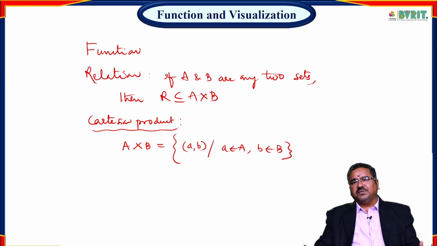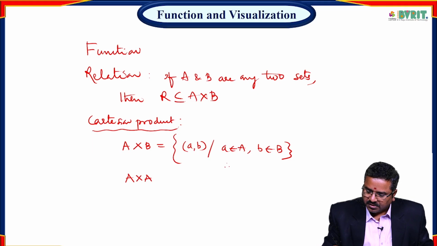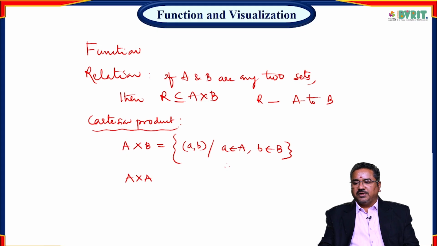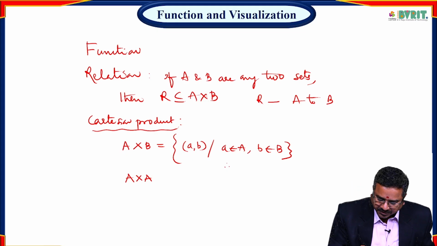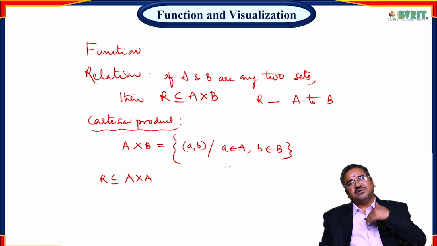We know subset. When we say that a set A is a subset of B, it means every element of A is an element of B. Suppose instead of B, we take A, for example, if I define A cross A. Here if R is a subset of A cross B, it is called a relation from A to B. Suppose R is a subset of A cross A, then R is called a relation on the set.